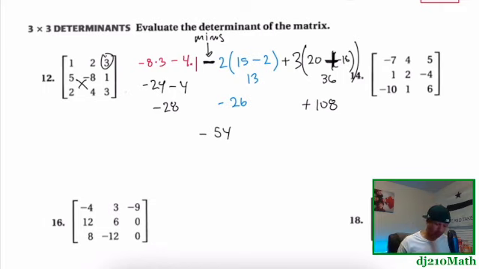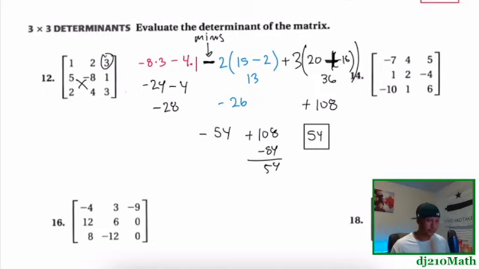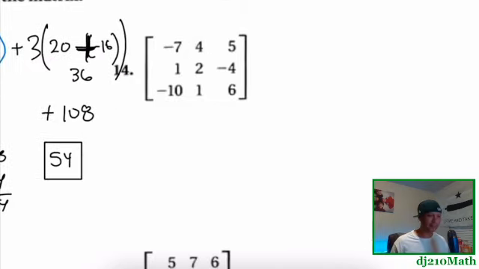And then plus 108. So negative 54 plus 108 is going to be 54. That's interesting. Why did I even think about that? It's half. So 54. The determinant is 54. Hopefully that's correct. Feels correct.